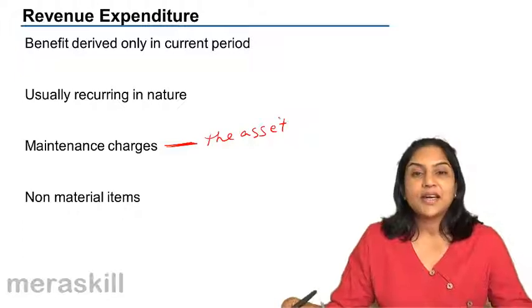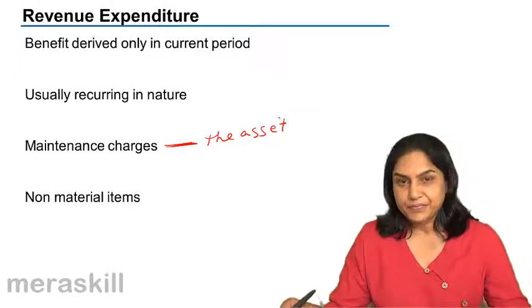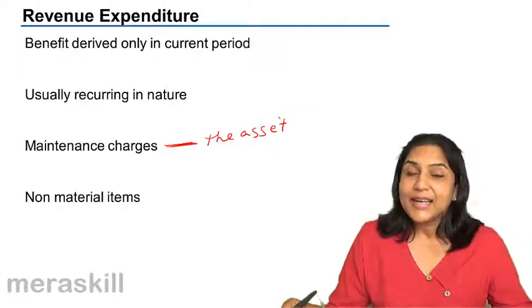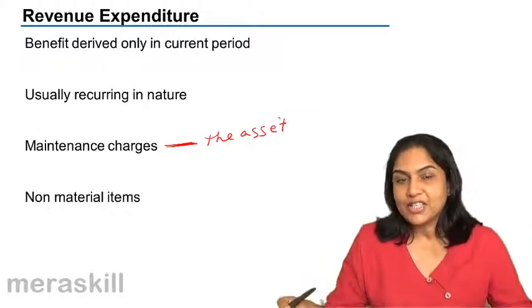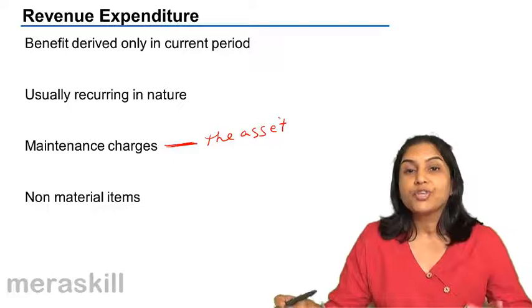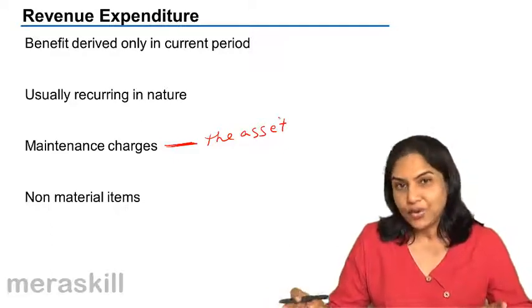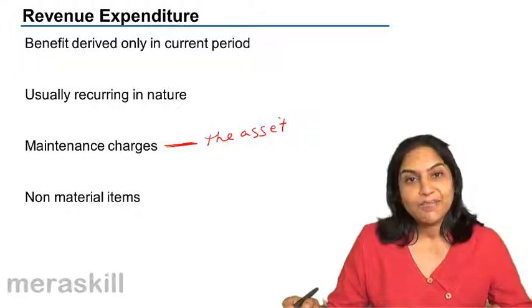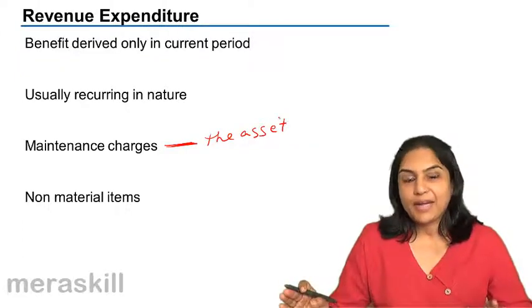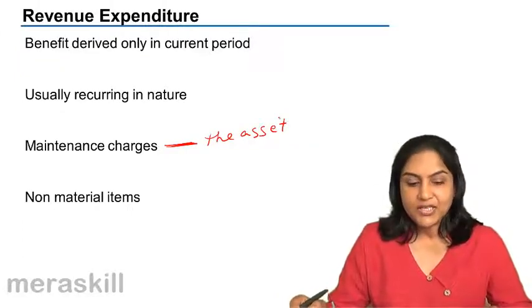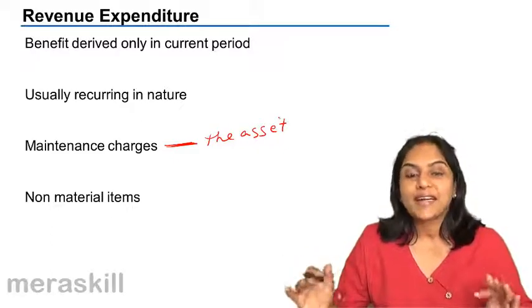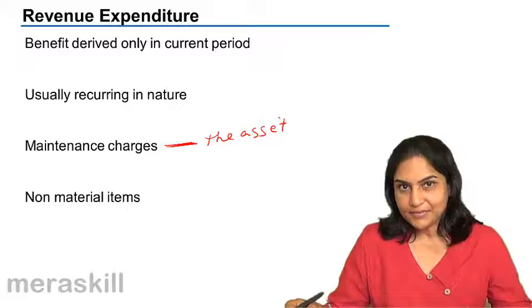That is a revenue expenditure. Even legal charges which are spent in order to maintain the title to an asset, is treated as a revenue expenditure and not a capital expenditure because it is only in order to ensure that the title remains with us.